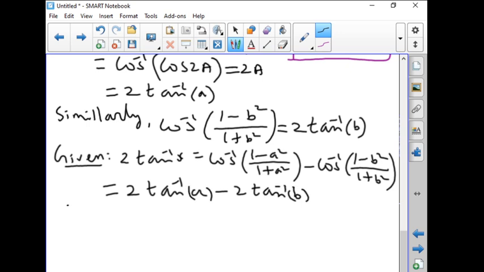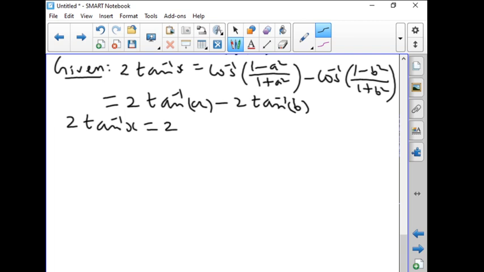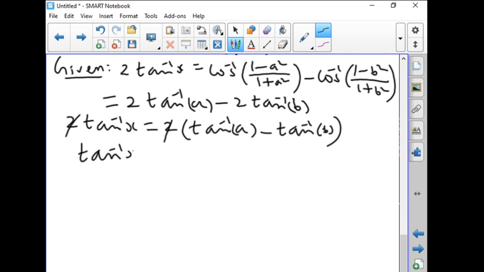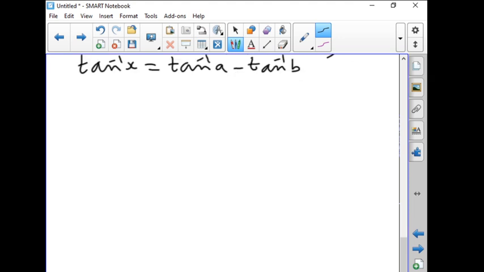Therefore, 2 tan inverse of x is equal to, 2 is common, take 2 out. So, 2 into tan inverse of A minus tan inverse of B. So, 2 gets cancelled. So, we get tan inverse of x is equal to tan inverse of A minus tan inverse of B. Now, we know that tan inverse of A minus tan inverse of B can be written as tan inverse of A minus B by 1 plus AB.